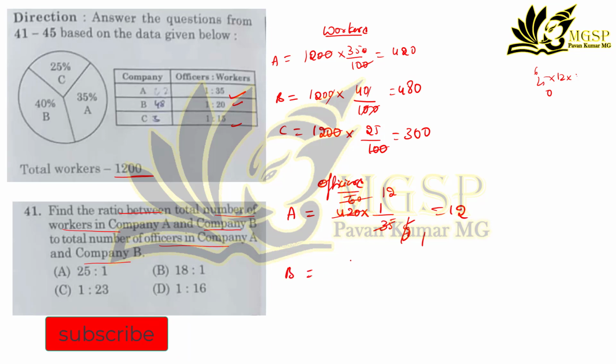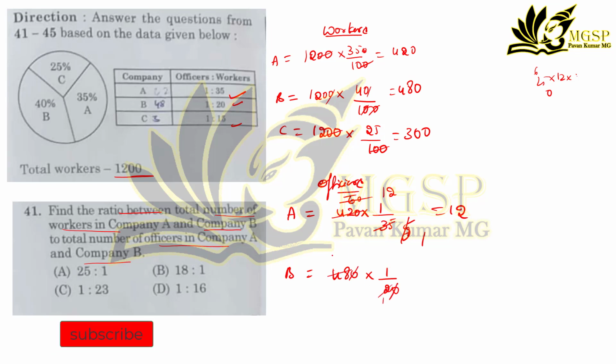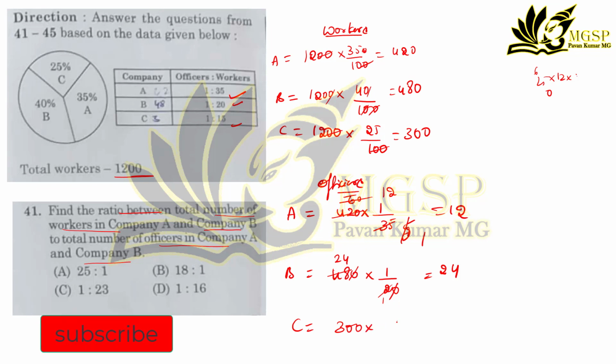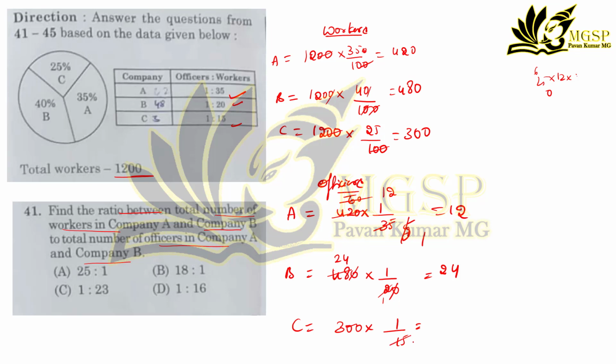Similarly in company B, the officers will be 480 times 1 over 20, which is 24. Similarly in the C case, we have 300 total workers divided by 15, which gives you 20.